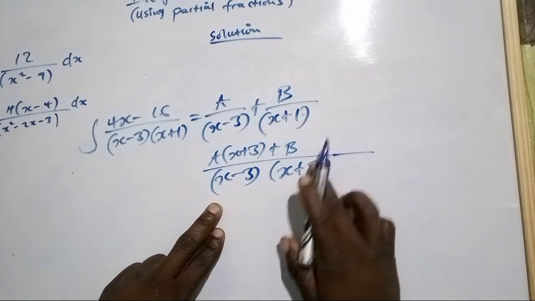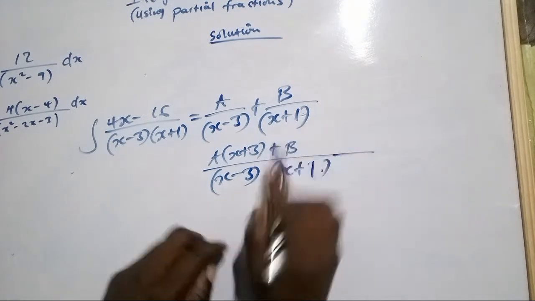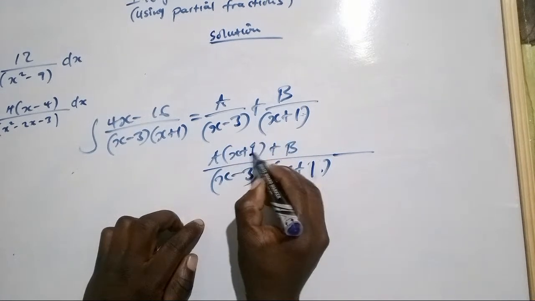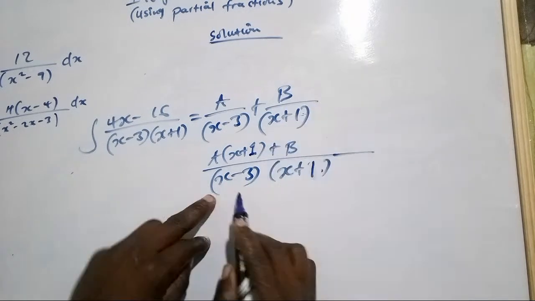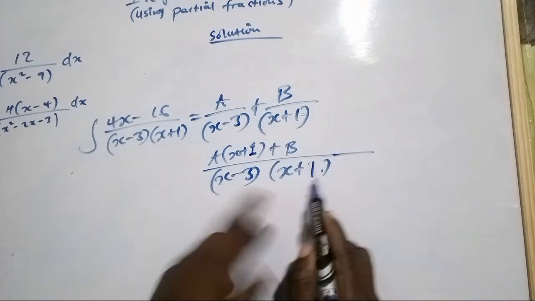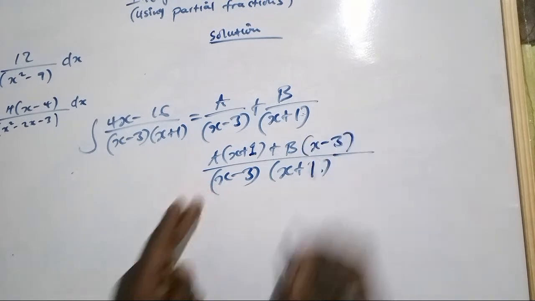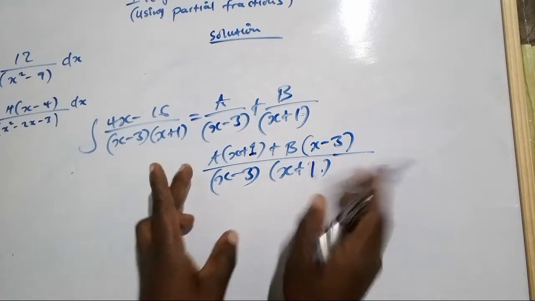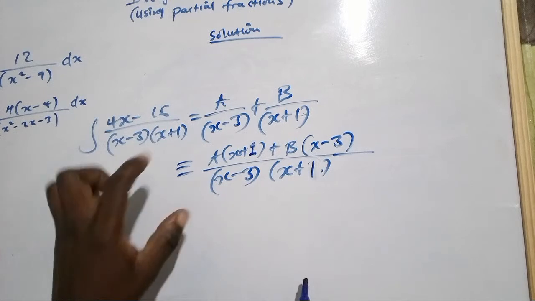Here we have 1, we don't have 3 here, so sorry, here we have a 1. x plus 1 times x plus 1, we remain with the x minus 3. And now, since we have this term, we're going to use the identity.